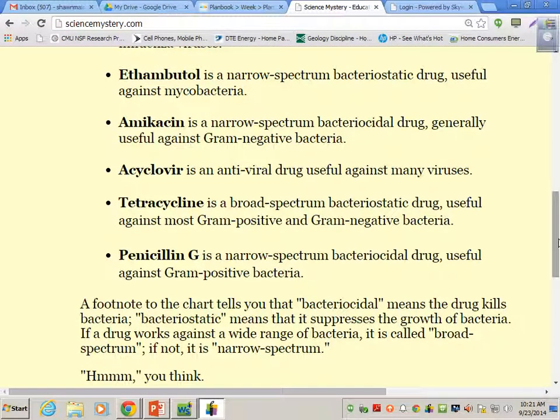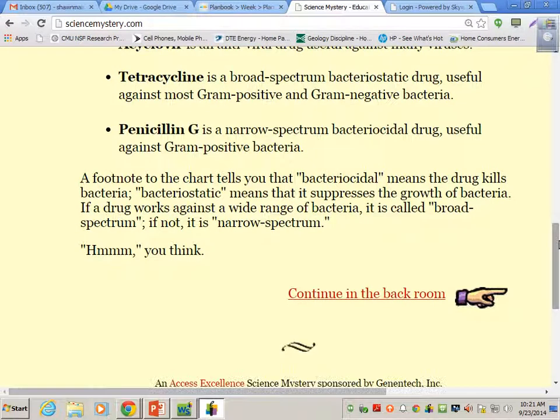Tetracycline is a broad-spectrum bacteriostatic drug useful against most gram-positive and gram-negative bacteria. It's actually one that's often prescribed for infants when they get sick. Penicillin G, which we know as amoxicillin, is a narrow-spectrum bactericidal drug useful against gram-positive bacteria.